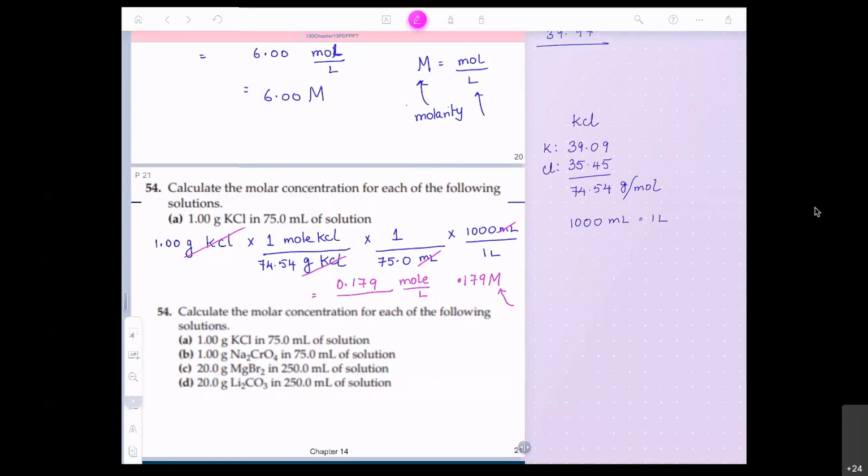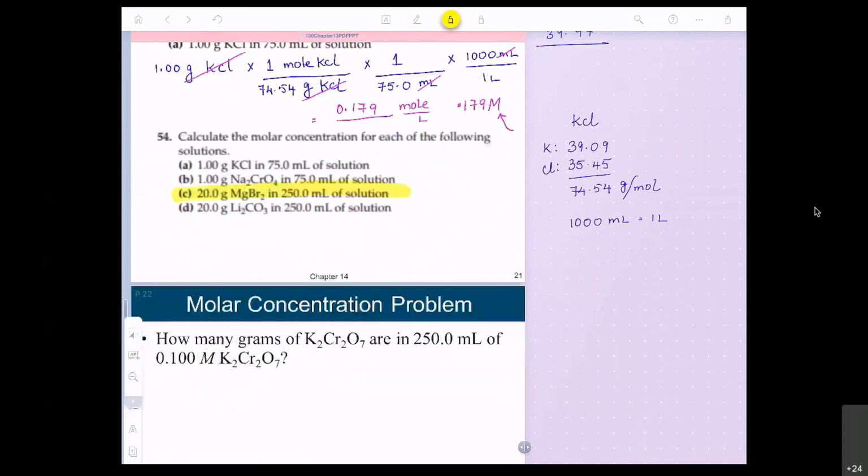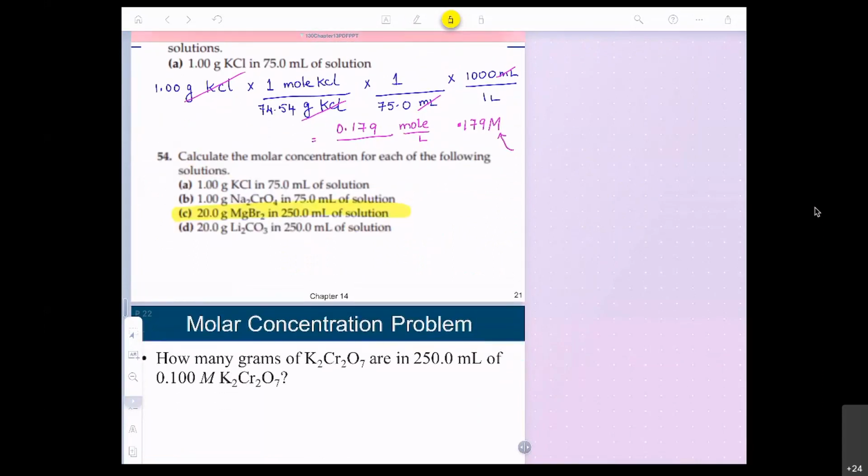I'd like you to just practice part C, and then we will move on to another type of problem. This is going to be magnesium bromide, so I'll hold on for about 5 minutes or so. No difference from the previous 2 problems. It's just practice time, so go ahead and try this.